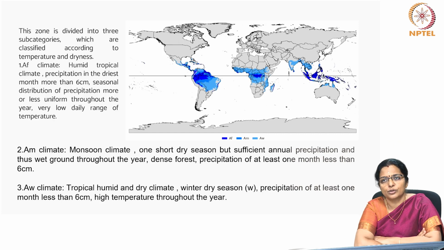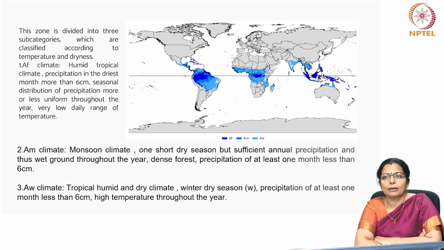Within the tropical zone, we find three subcategories, each based on temperature and dryness. First is AF climate, which is characterized by humid conditions with rainfall exceeding 6 centimeters even in the driest month. Precipitation is evenly spread throughout the year and temperatures show little daily variation.